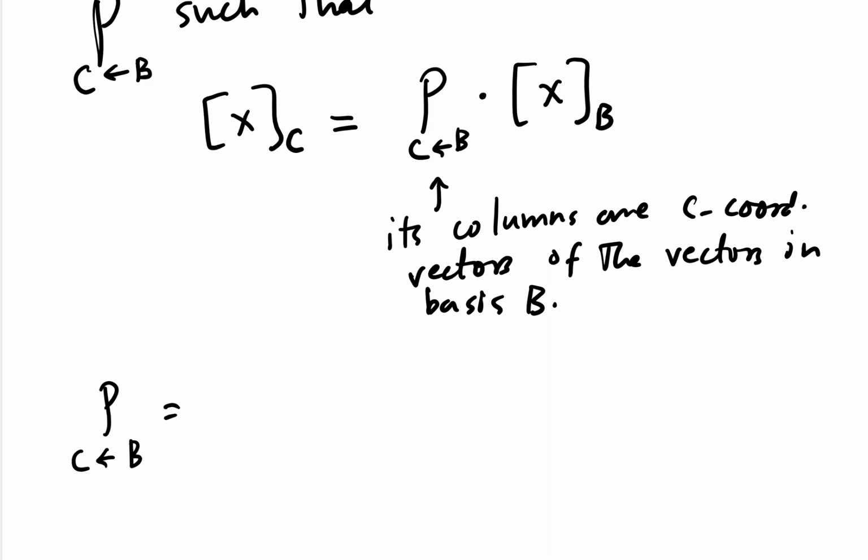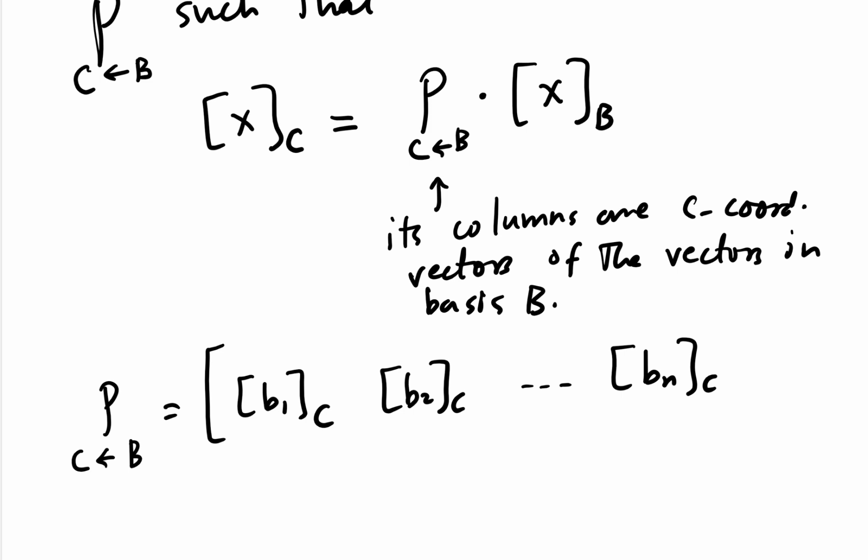If we go from B to C, we take the vector b1 with respect to C, vector b2 with respect to C, and it goes all the way to bn with respect to C. These vectors are linearly independent.